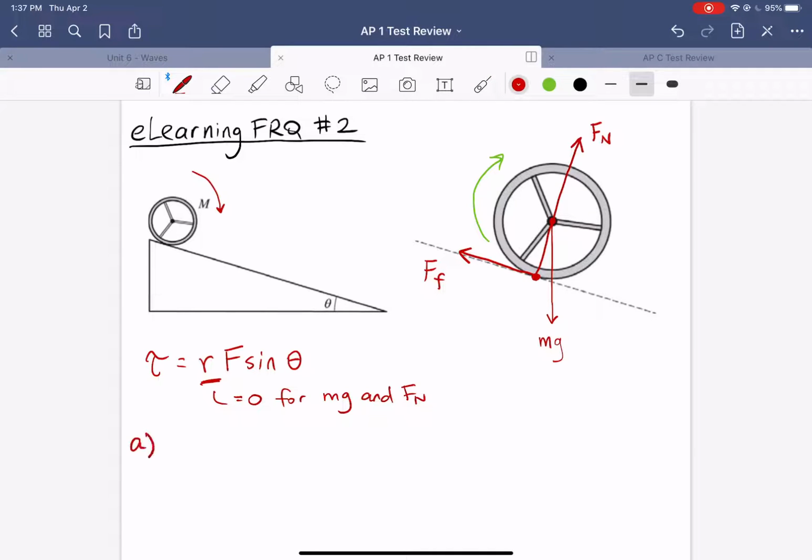Your answer to part A, subpart 2, can simply be that the friction force causes the change in angular velocity because it's the only force that creates a torque about the center of mass of the wheel.